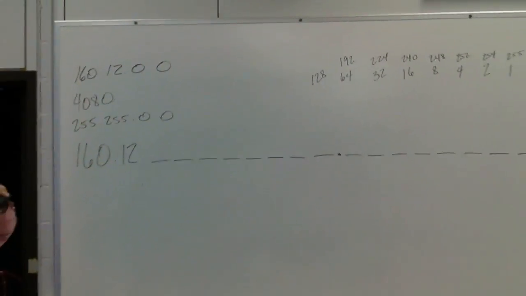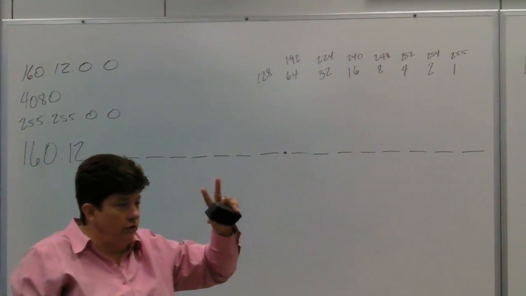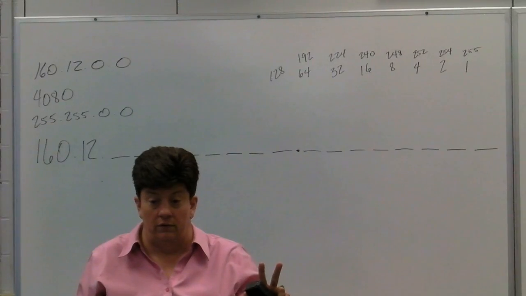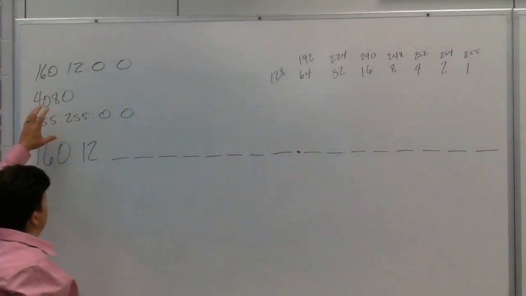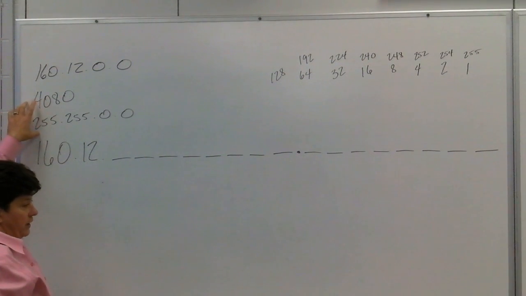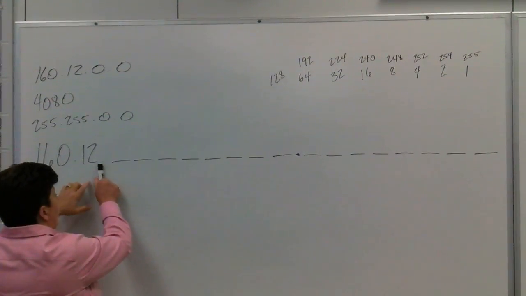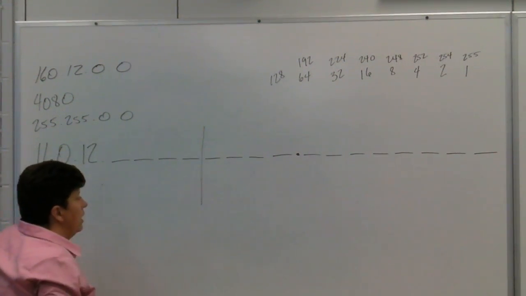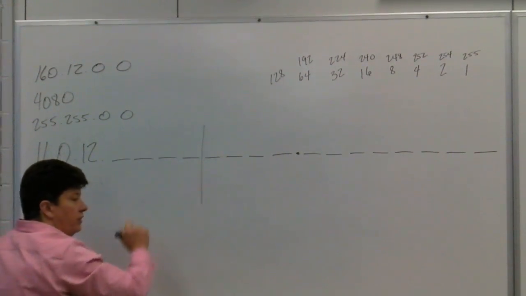Remember the two addresses we're not allowed to use? We are not allowed to use either the all zeros or the all ones. Earlier, when we talked about this from a network standpoint, we didn't use the zero network. You remember we started here and moved our line over, say, to here, and we weren't allowed to use the network that had all zeros here or all ones here.